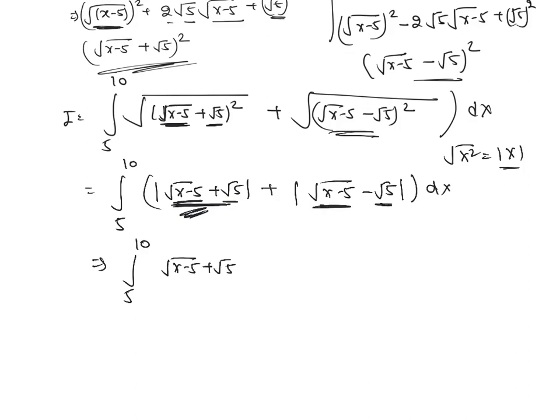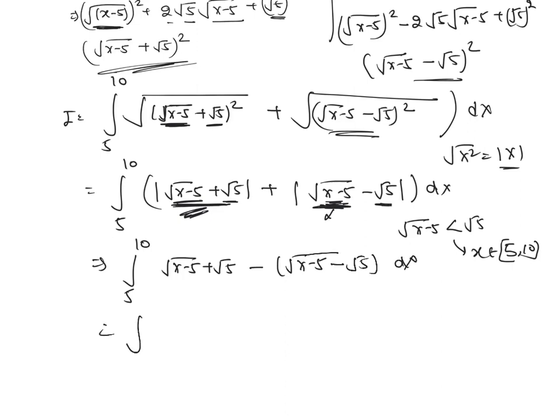In this one, if you see, if I put 5 to 10 values, root over x minus 5 is always less than root 5 if x belongs to 5 to 10. Correct? If I put 5, this will come 0. If I put 10, it will come maximum root 5. So this will come as minus of root over x minus 5 minus root 5 into dx.